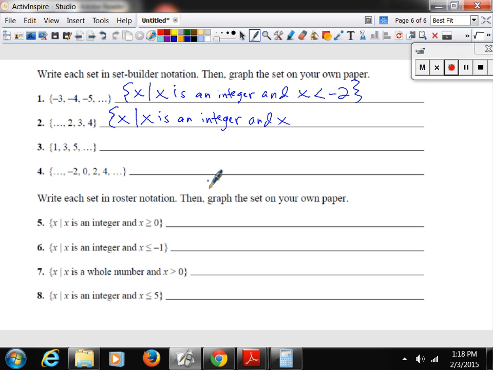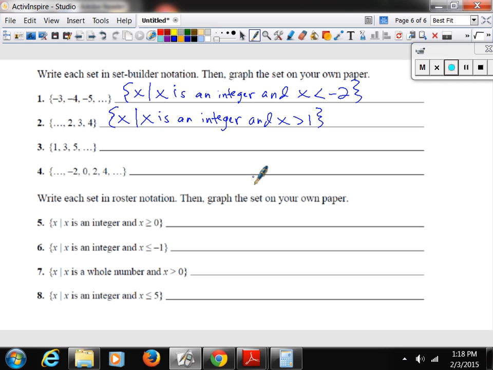David, what do you think? What is this greater than? What is 2 greater than? What's the next number below 2? 1. It's greater than 1. It's got to be all numbers that are greater than 1. So you would have x is an integer and x is greater than 1.